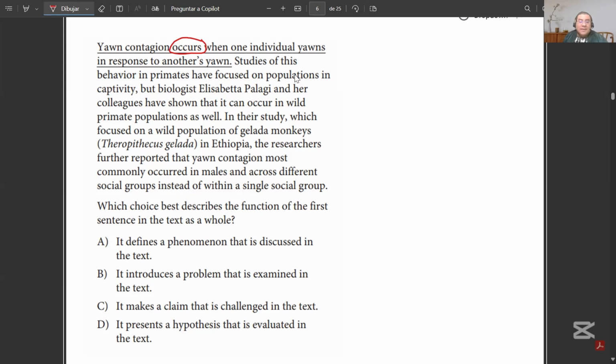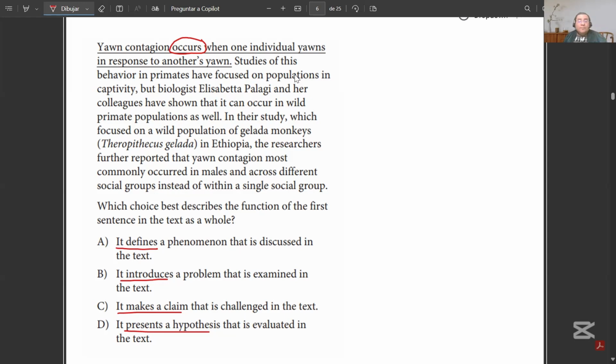Notice A begins like it defines, then you have option B, it introduces, it makes a claim, and it presents a hypothesis. We could hardly say that the first statement is actually introducing a problem or making a claim, or even presenting a hypothesis. It's more like factual information.